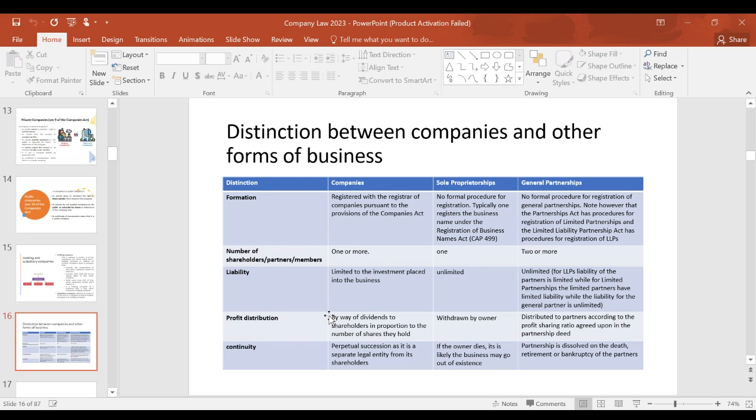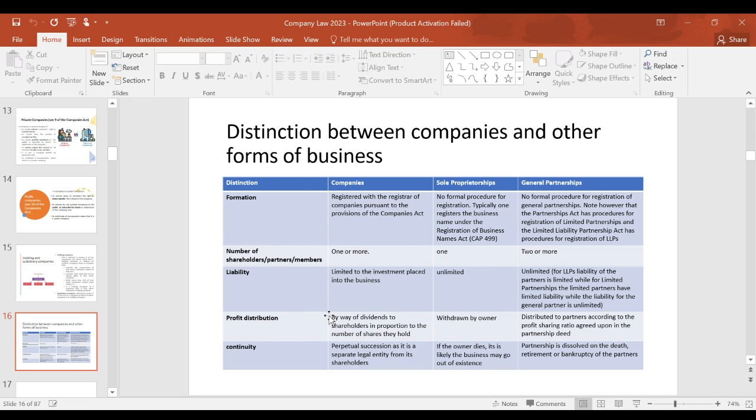And the same happens to partnership. If it's a limited liability partnership, then it will shield their partners. And if it's an unlimited liability partnership, then those liabilities will still overflow towards the members of that partnership. Then profit distribution. For a company, we distribute profit through dividends, and that goes to all the shareholders, and it depends on the preferences of the shareholder.